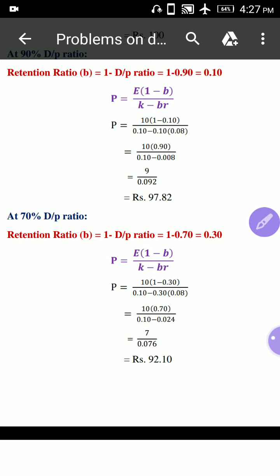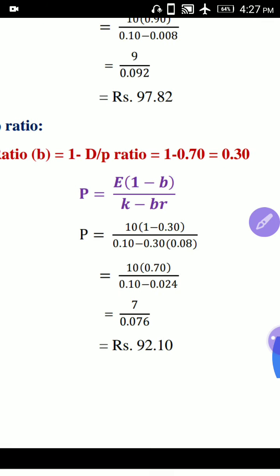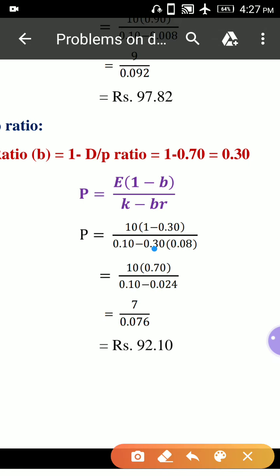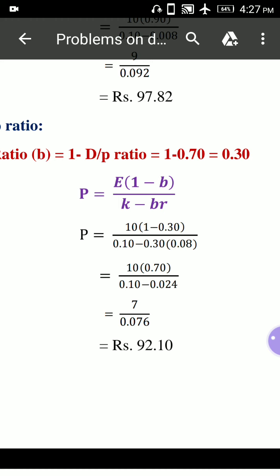Now 10 into 1 minus 0.30 means 0.70, divided by 0.10 minus 0.30 into 0.008, sorry, 0.30 into 0.08, that is equal to 0.024.